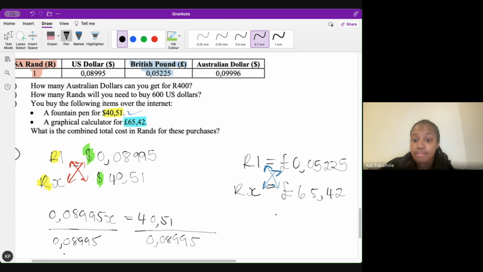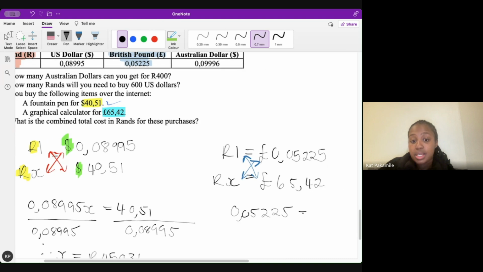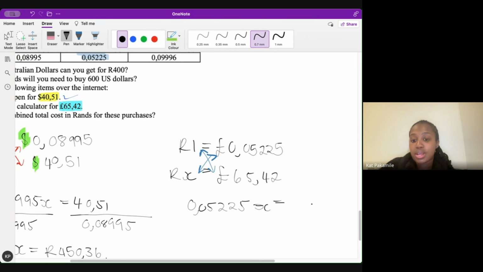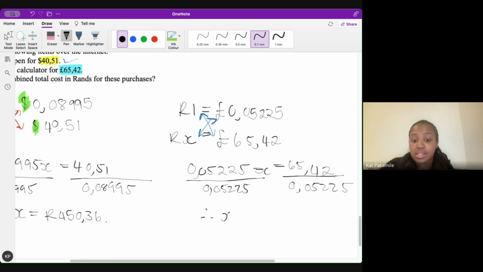So I have 0,05225 x is equal to 65,42. Once again, I have to divide both sides by 0,05225. Does anyone have an answer for me yet? X is equal to, there's a lot going on.